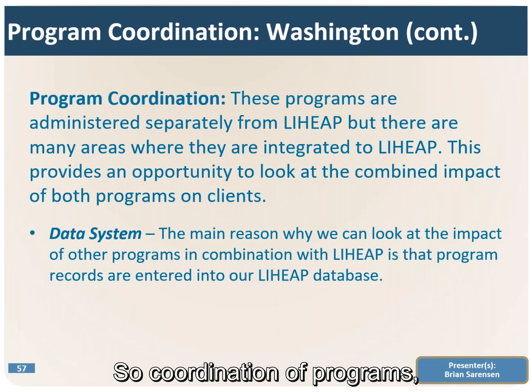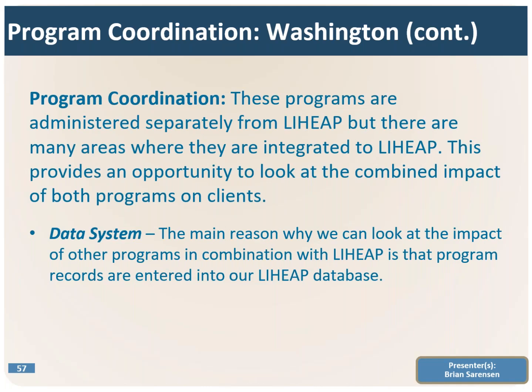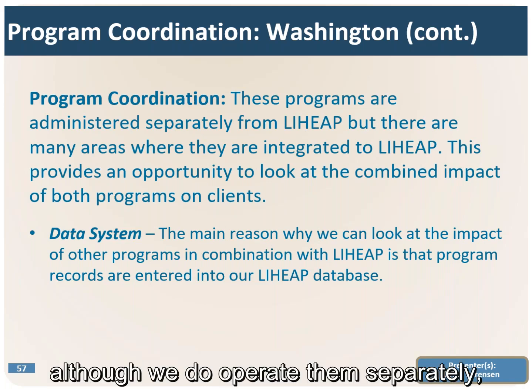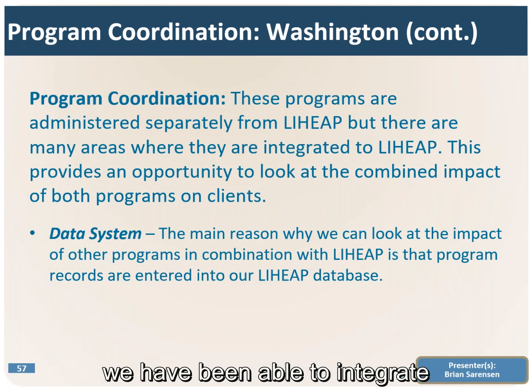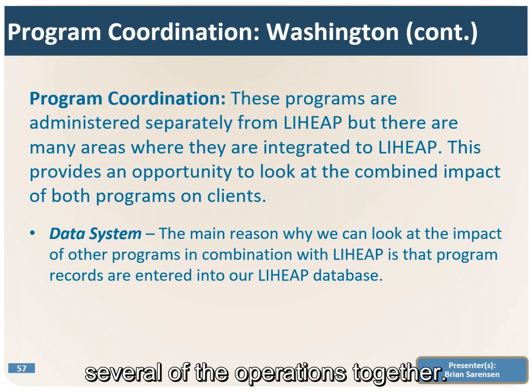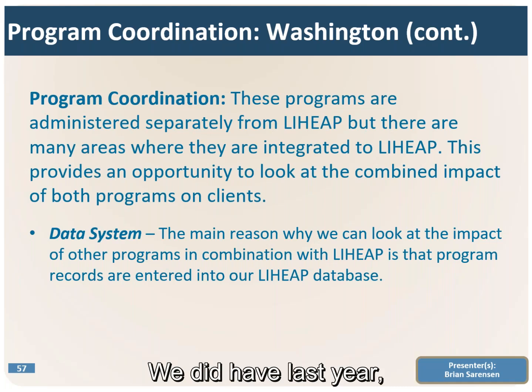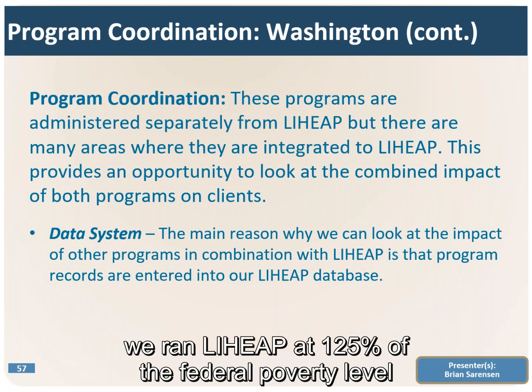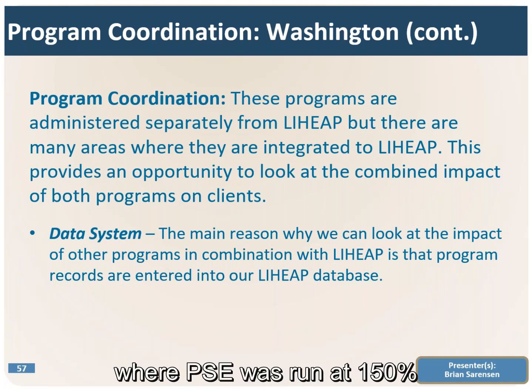So coordination of programs. Although we do operate them separately, we have been able to integrate several of the operations together. Last year, we ran LIHEAP at 125% of the federal poverty level, where PSE was run at 150%.